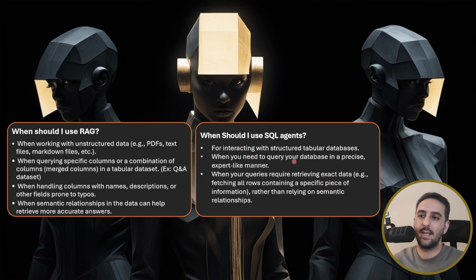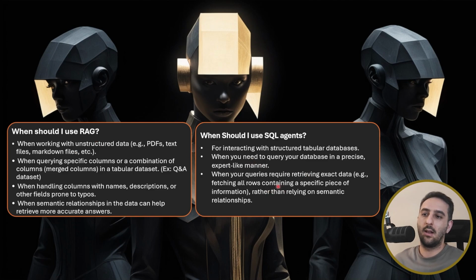For instance, in the second case, when I mentioned that you want to query your database in a precise and expert-like manner, it is exactly like the example that I gave you earlier. For instance, if your user wants to ask a question like, give me the mean value for that specific column of the dataset, well, in that scenario, a RAG pipeline can never do that for you. It is not designed for those type of questions.